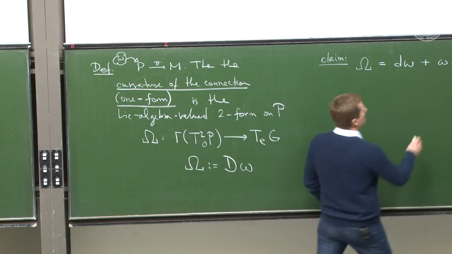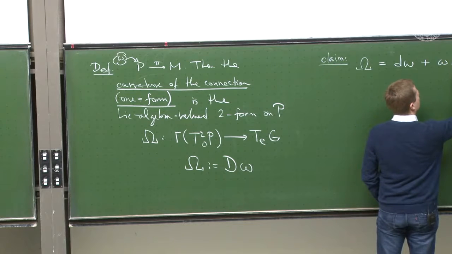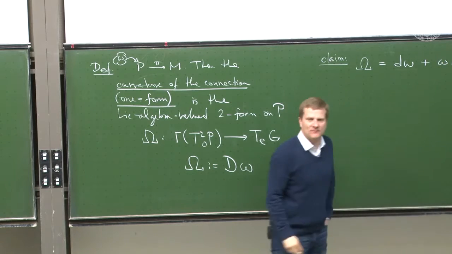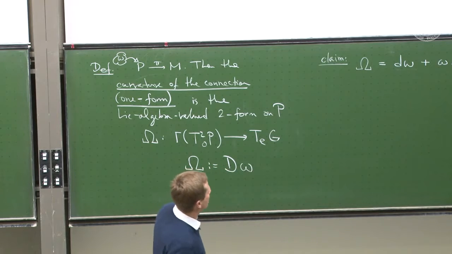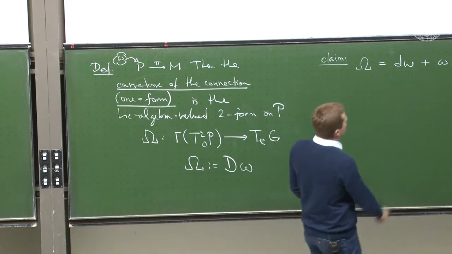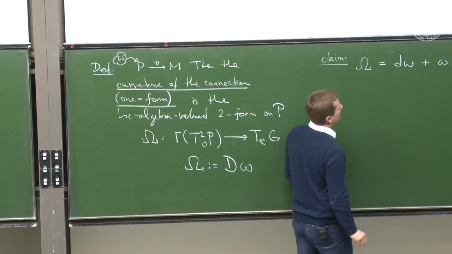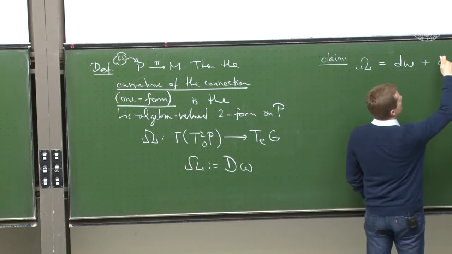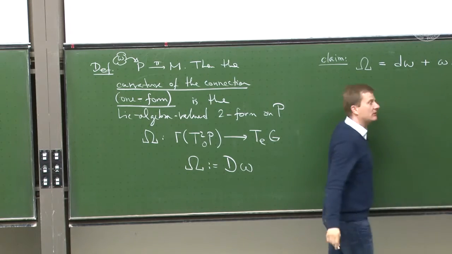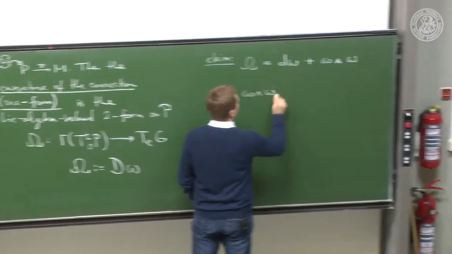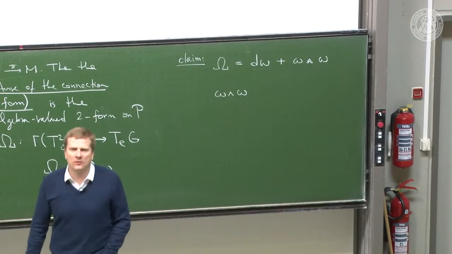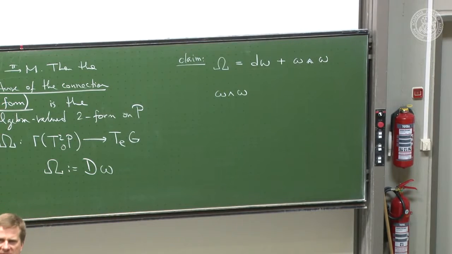misleadingly simple. One should probably write a double wedge here, and you'll see in a second why double wedge. Okay, so what do I mean by this double wedge? Well, I need to define this because you see this is Lie algebra valued and this is Lie algebra valued, and if you think of the definition of the wedge, and you have two one forms, then the wedge should actually yield 0.